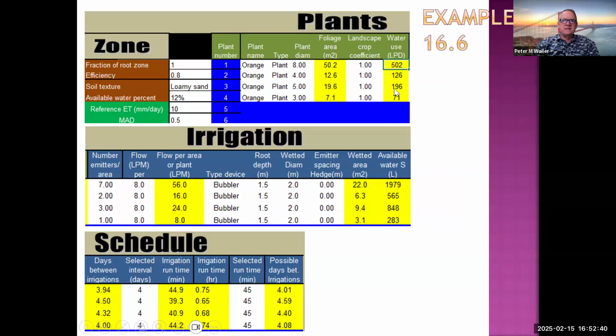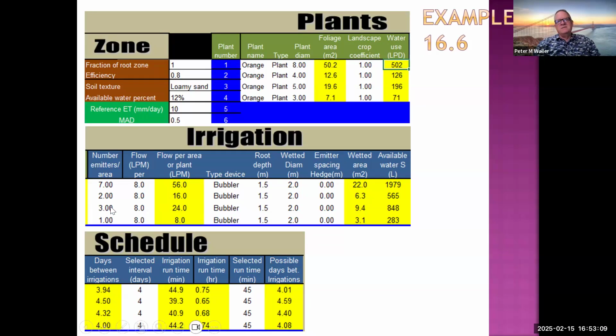Okay, so in this case, the liters per day varies from 500 down to 71. And this is without the efficiency in the calculation. So this is with the 8-meter tree and 3-meter tree. And then we have to figure out a number of emitters per plant that's going to give approximately the same amount of water requirement to the different size trees.